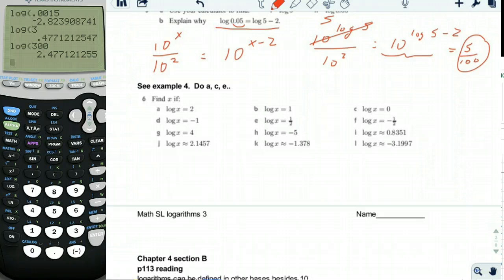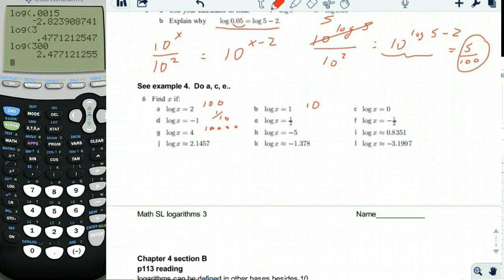Okay, and now all these, they're just asking you the opposite now. So the log of what number is 2? Now remember, log of 100 is 2, right? So that would be 100. Log of what number is -1? So that would be 1/10, right? Log of what number is 4? That would be 1 with 4 zeros. Okay. Log of what number is 1? 10. Log of what number is a half?